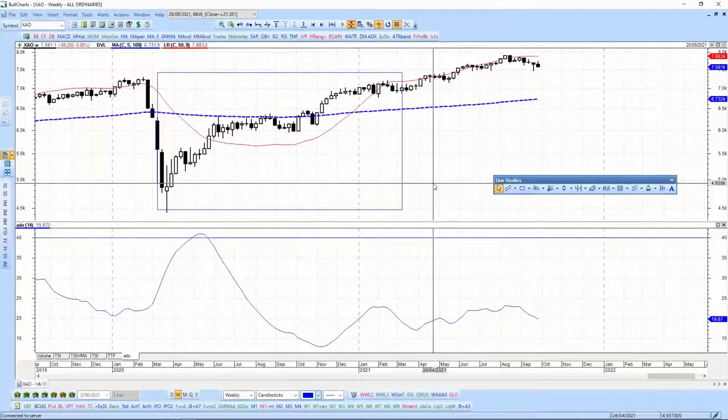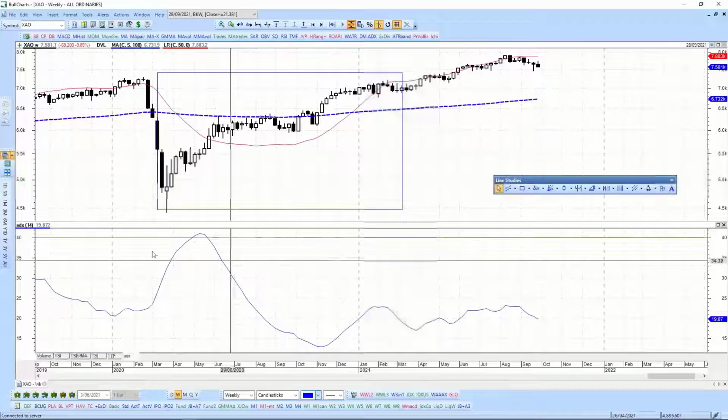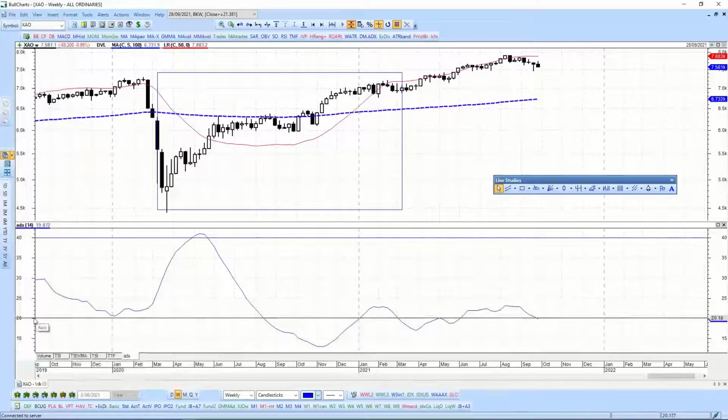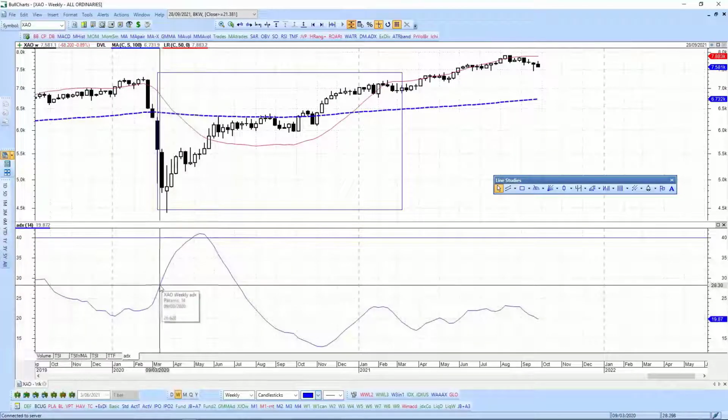Yes. And when it's falling, heat is coming out of the market or coming out of the stock. Yeah. And slowing down, because once it drops below 20, it's going into more of a sideways consolidation area. And once it gets above 20, it's picking up interest by traders.